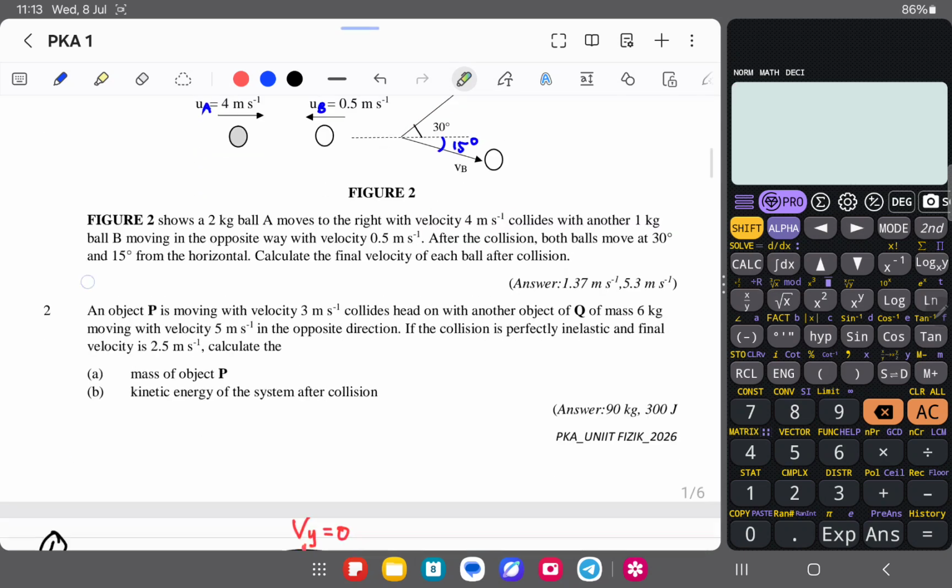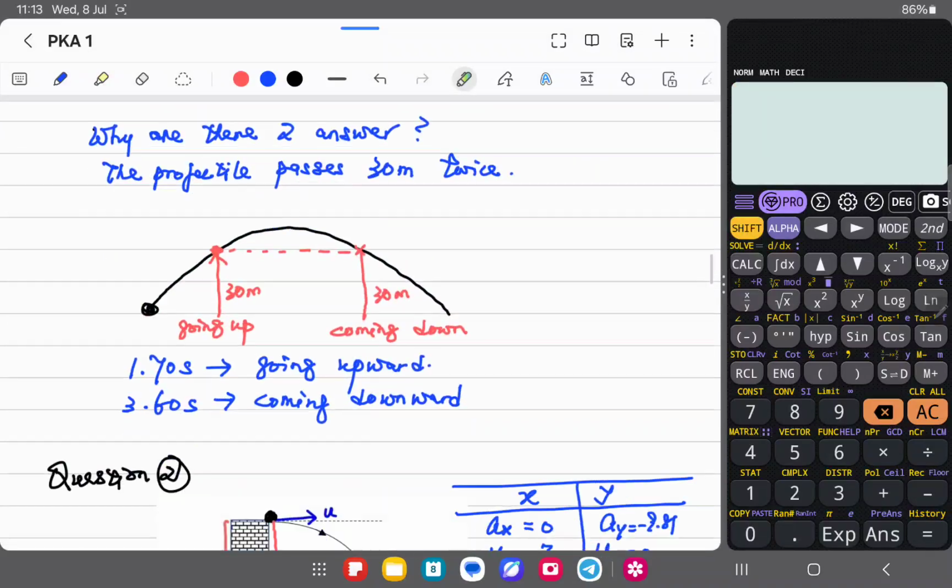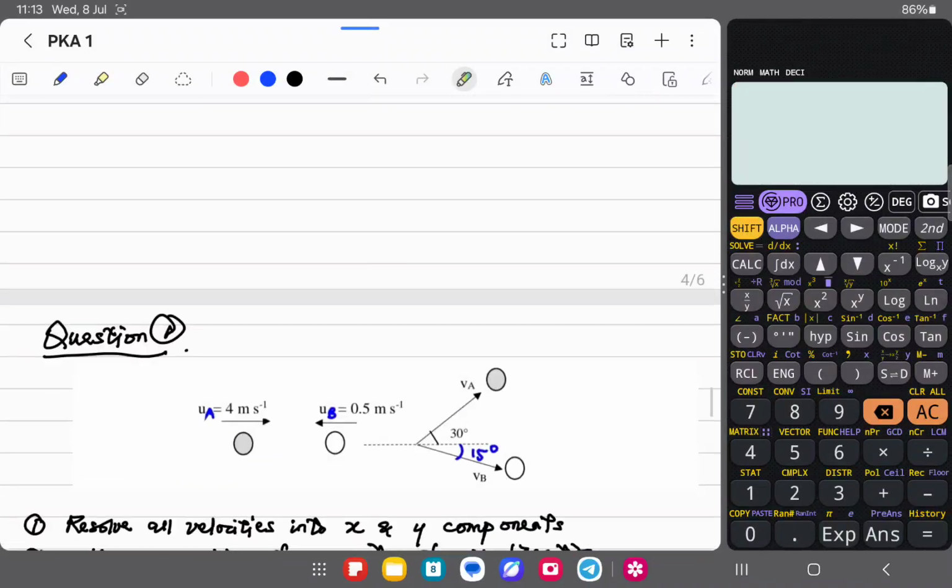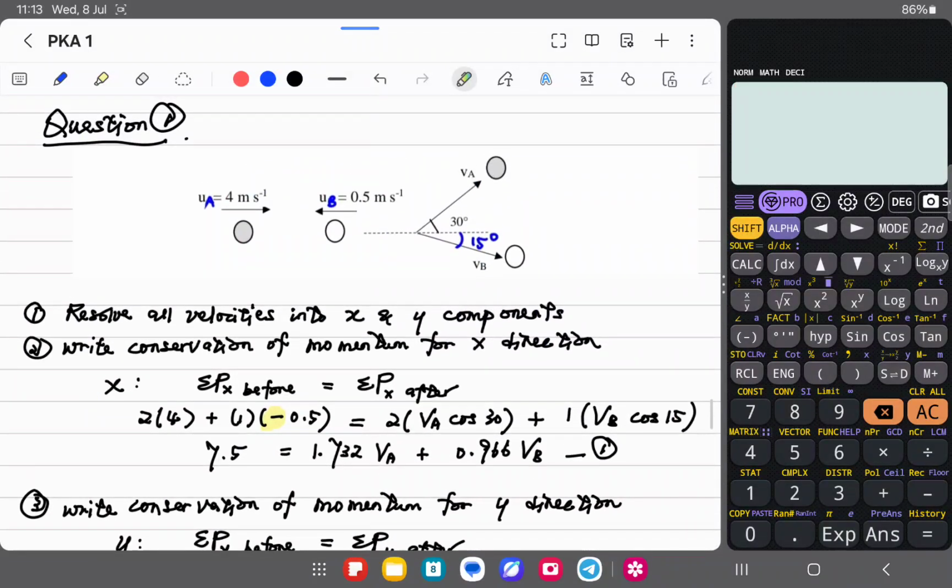Okay, so this is a 2D collision, whereby it involves x direction and also y direction. For the first step, I need to resolve all the velocity into x and y component.